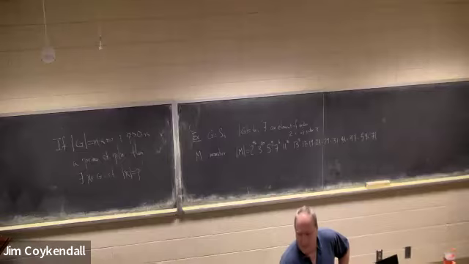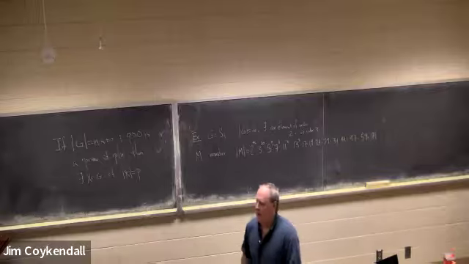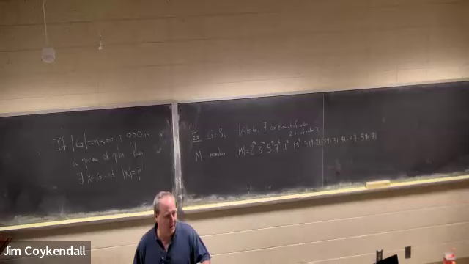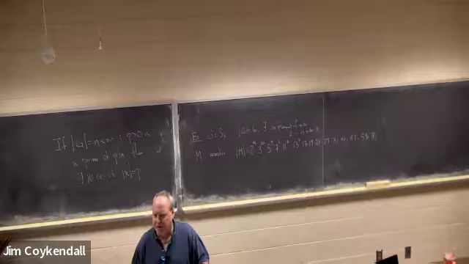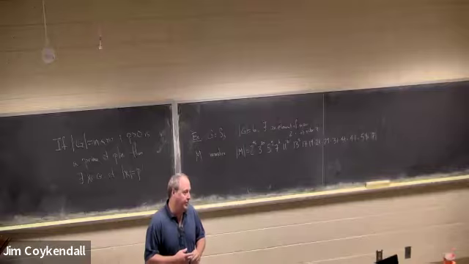If you have Z mod p, its only normal subgroups are itself and the identity. Now, the reason that works is this. If p is prime, then the group is cyclic, right? So the only subgroups are of order 1 and p. Those are actually the only abelian simple groups.